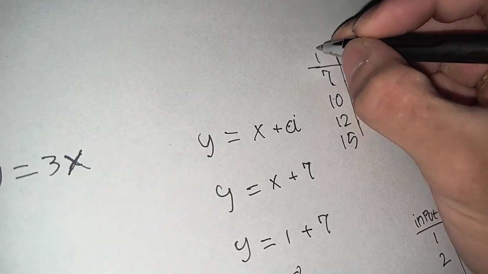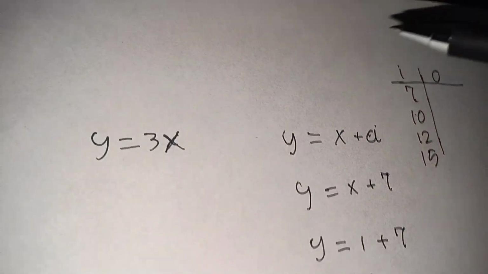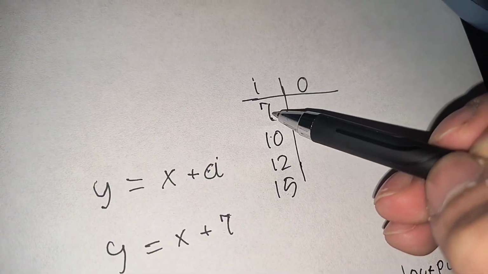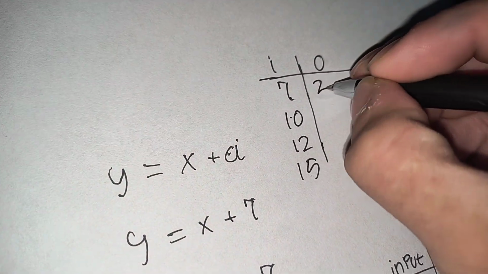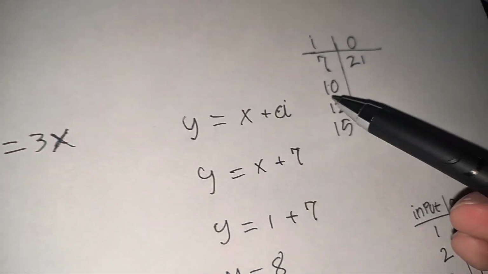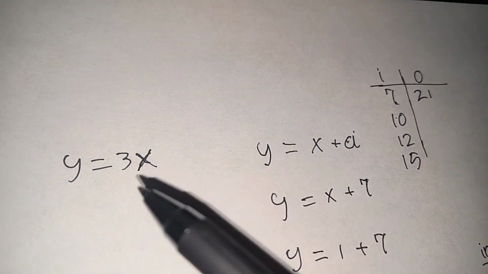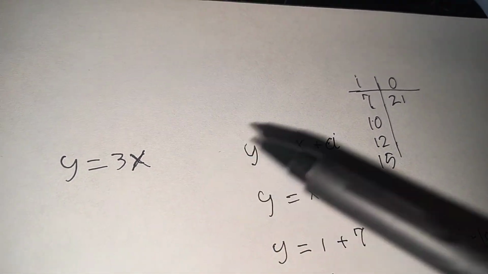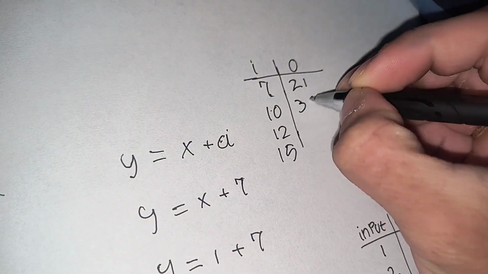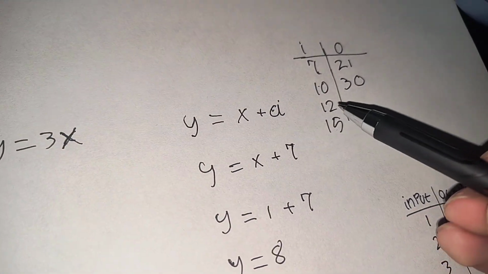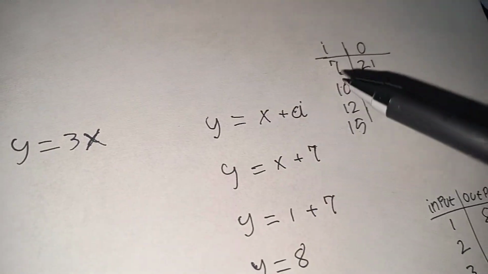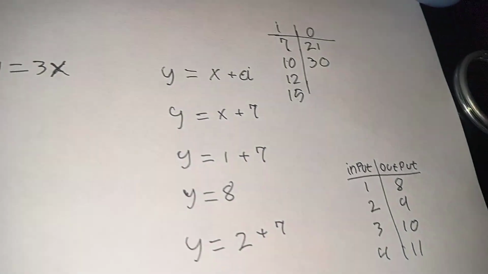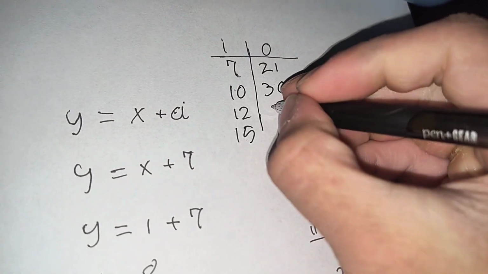Let's start with 7. If x is the input, then 7 is the input. 3 times 7 is 21. If 10 is the input, that means 10 is x. 3 times x, or 3 times 10, is 30. If 12 is x, which is the input, 3 times 12 is 36.